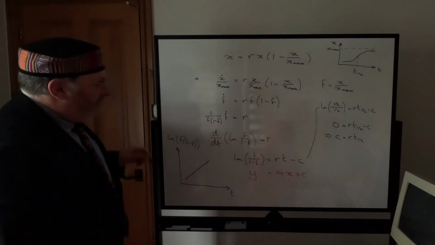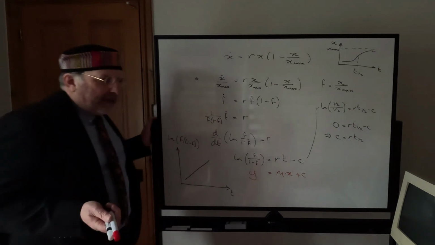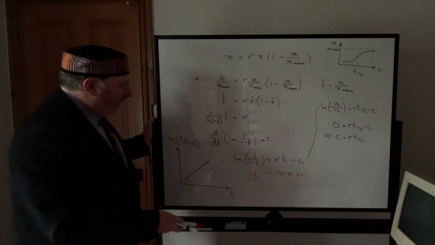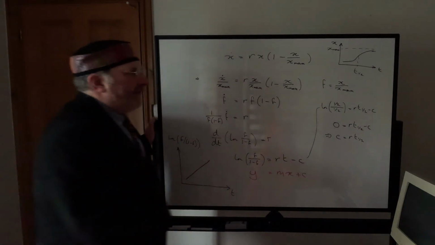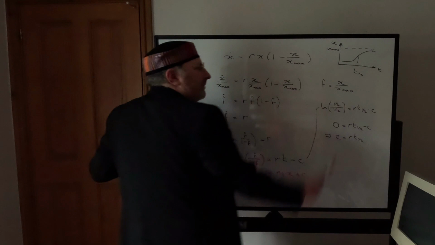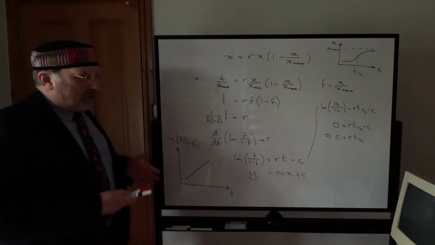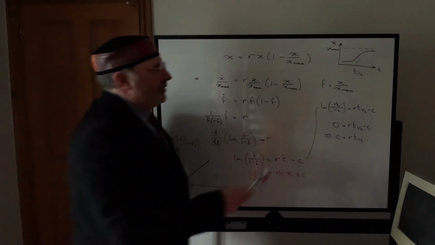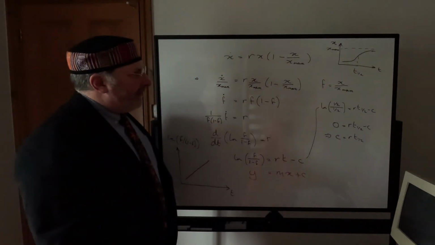Now, the only problem with this is that to calculate f, if we've got some data, what we're given is the x values. We want to plot this thing. We need to find f. But to find f, we need to know x max. But that doesn't necessarily come with our data. We're just shown what the x values are. So what we can do is plot it and make an estimate for what x max is.